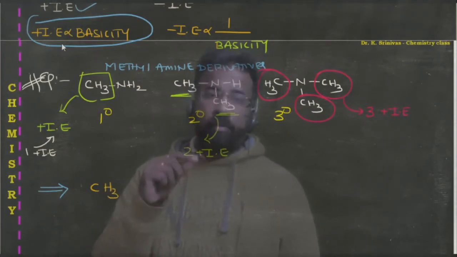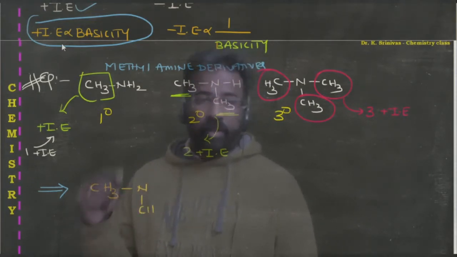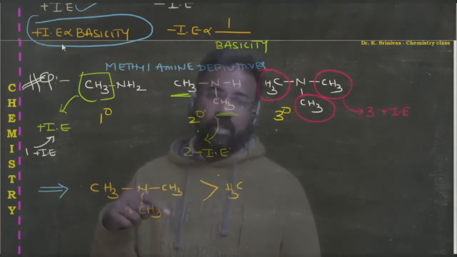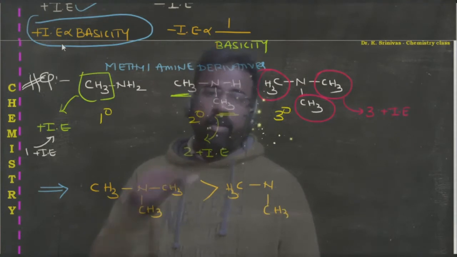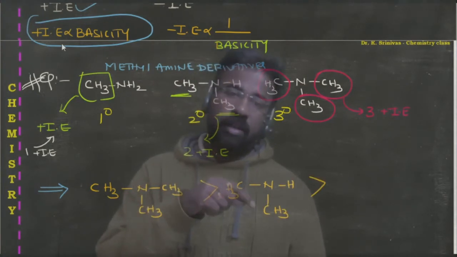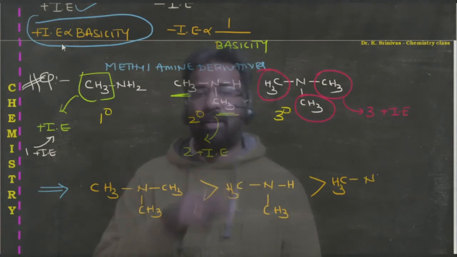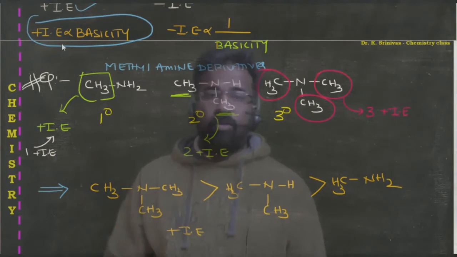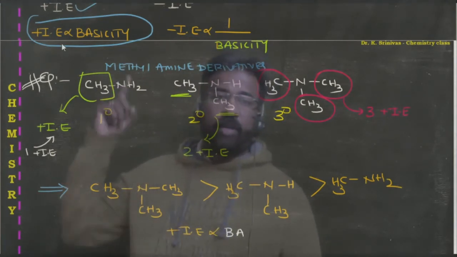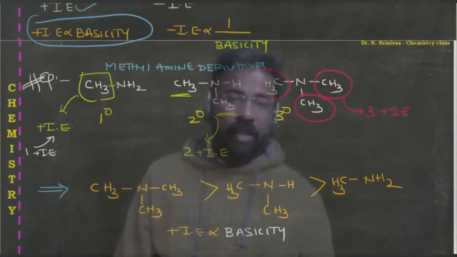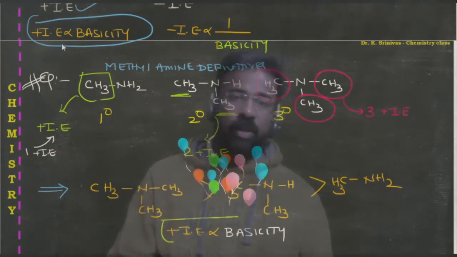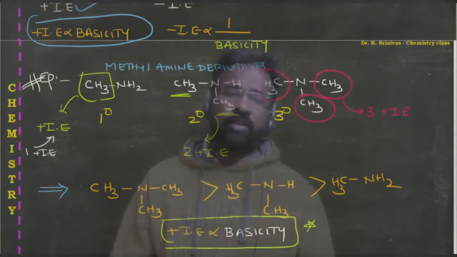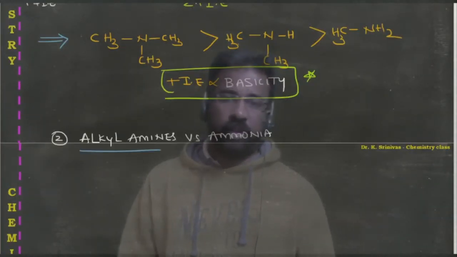So we write the basicity like this: the tertiary, CH3, N, CH3, CH3, is the most basic, followed by CH3, N, CH3, H, which is secondary, followed by the last one, the primary. So plus inductive effect groups play an important role in the normal phase, like the gas phase. It's very easy to understand; there is no complication here.